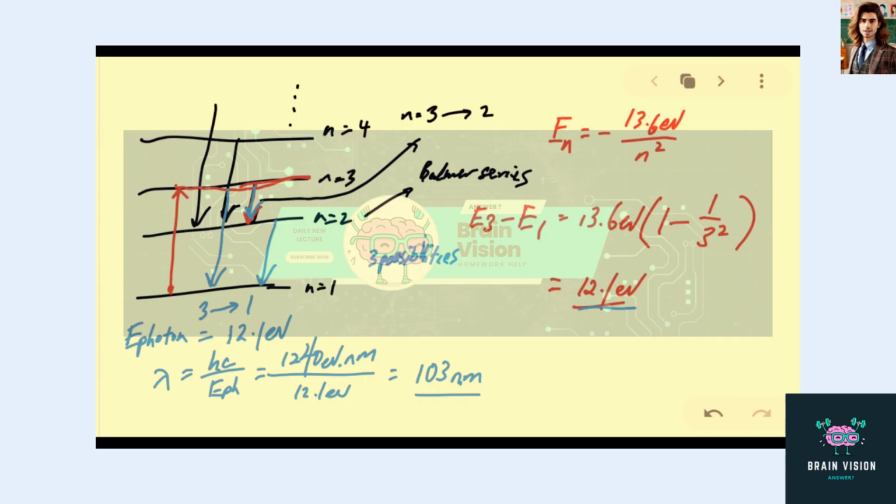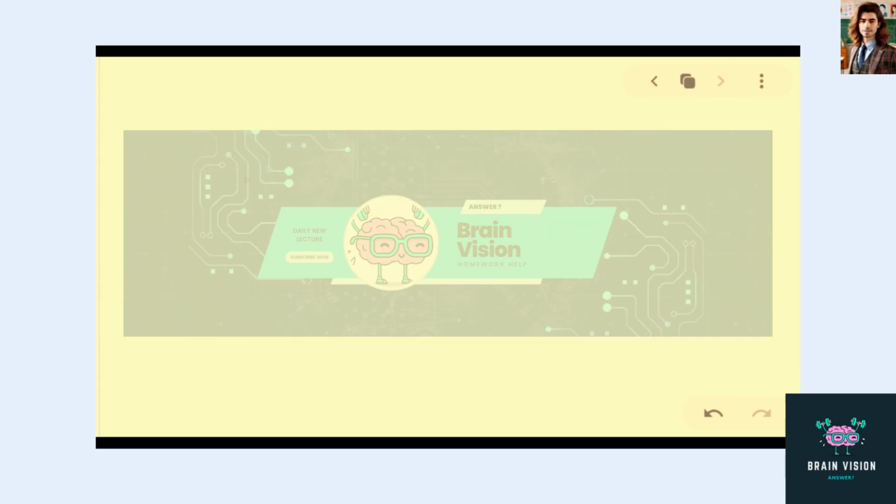The second one we're looking at is from 3 to 2. Right, in this case, the energy of the photon is just E3 minus E2.